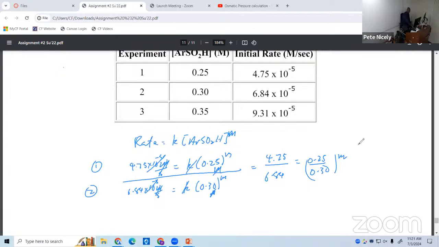So let's see what each fraction will give. 4.75 divided by 6.84 gives, according to my calculations, 0.694. And then 0.25 divided by 0.3 would give 0.83.